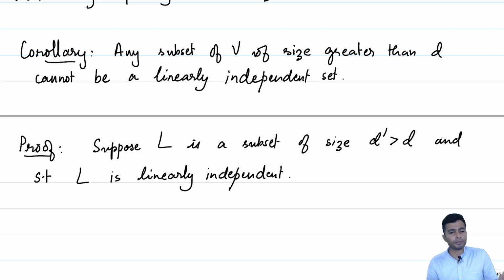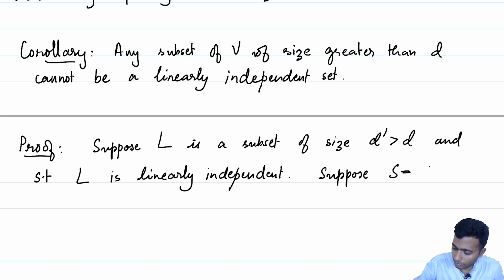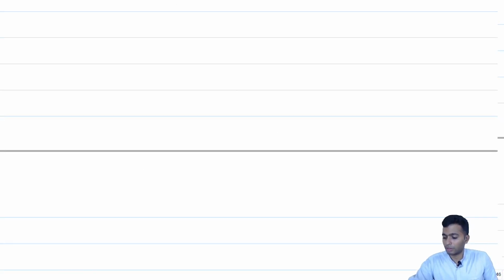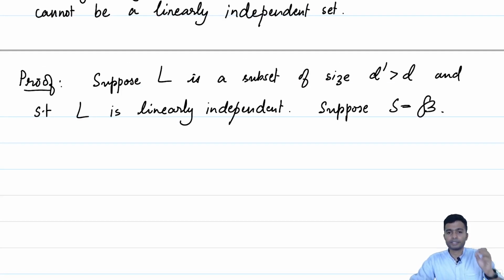Now let us apply the replacement theorem with S equal to beta, the basis. We are given that beta is a basis and therefore a spanning set.